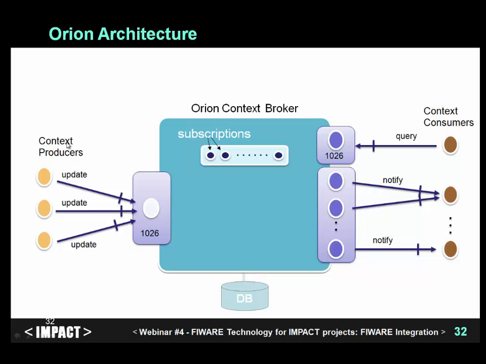On the one side you have the context producers, which are updating the data on the context broker constantly, and on the other side you have the context consumers, the information consumers, which are consuming the data on the context broker, and they can do so either by fetching queries to the system or by getting notifications from it.